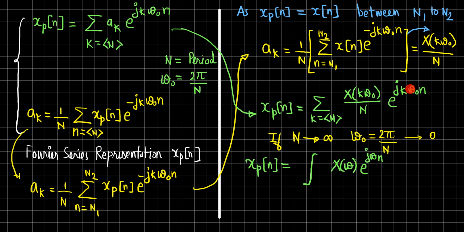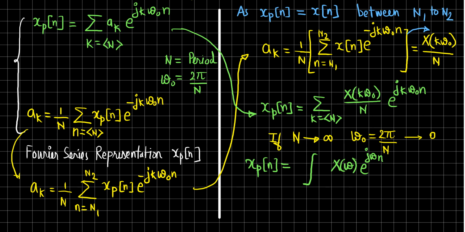We can see that this signal is hence going to be periodic with the help of this expression here. This exponential e power j k omega naught n is periodic with the period of 2 pi, just because k omega naught is going to be omega.